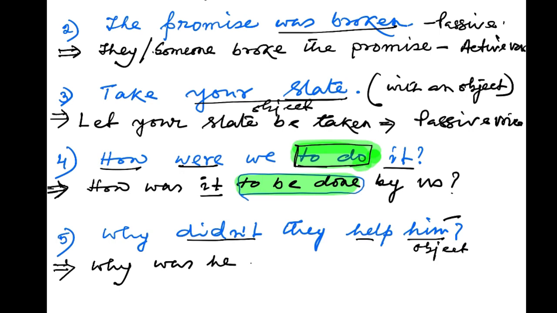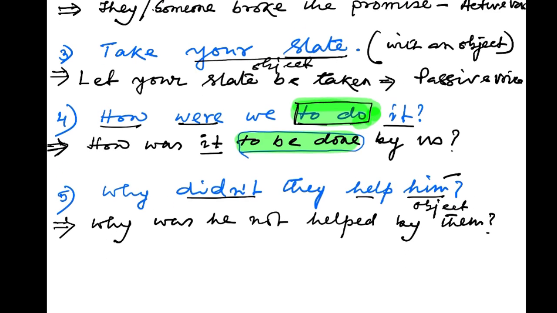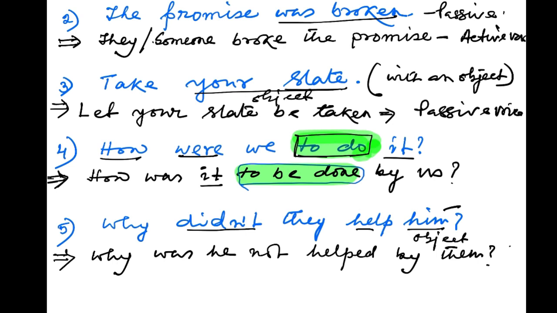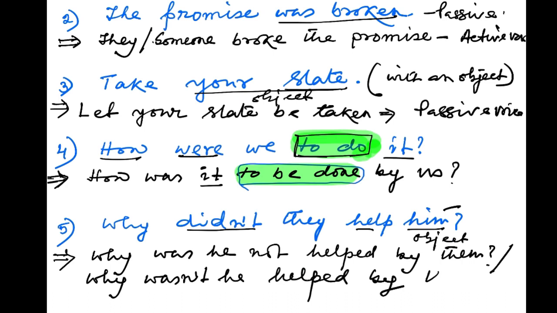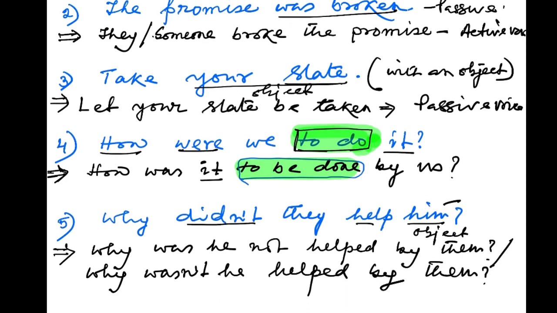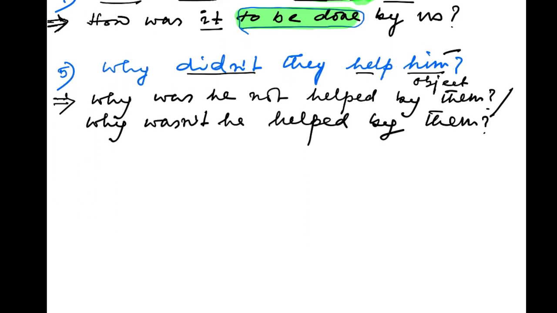Why was he not helped by them? That is the passive voice, or you may write it this way: why wasn't he helped? Why wasn't he helped by them?